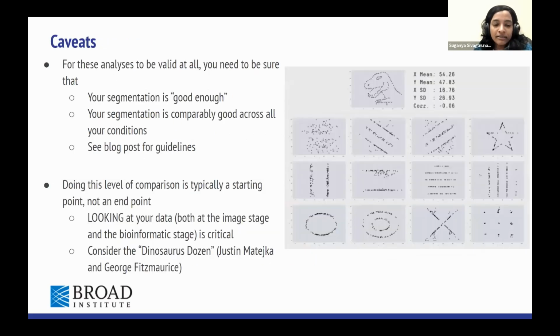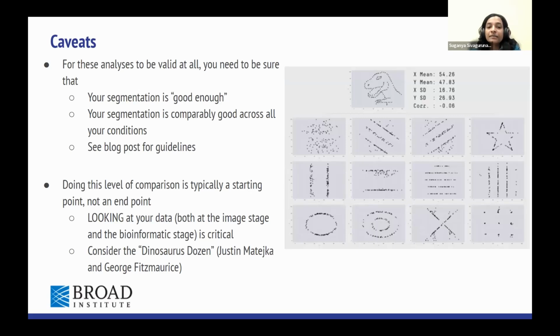Having said all this, I would like to point out that there are some caveats when you're looking into the association that you get from image-based profiles or the morphological profile. Since we are getting the features based on the segmented objects, we need to make sure the segmentation is good enough. It is not sufficient for the segmentation to be good enough only in your control cells.